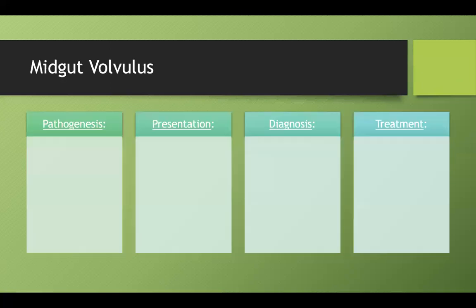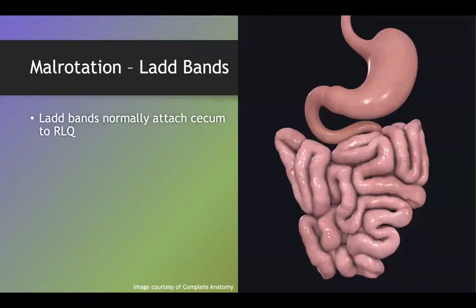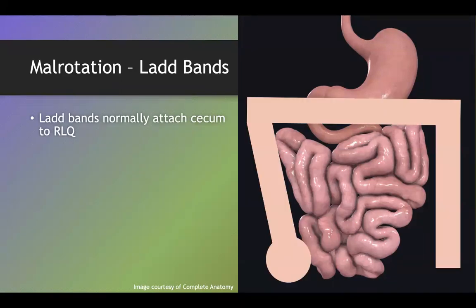Now, midgut volvulus we talked about in the intestinal malrotation section. And so, again, this is related to malrotation, and it's because the Ladd bands can basically predispose the intestines to twist around themselves. So, what happens here is that Ladd bands normally attach the cecum to the right lower quadrant.